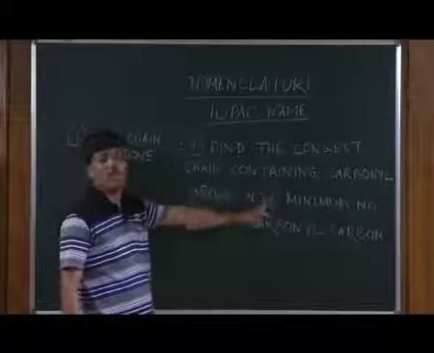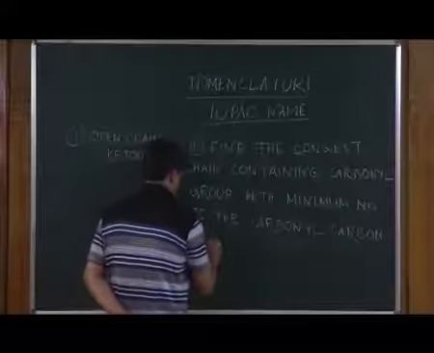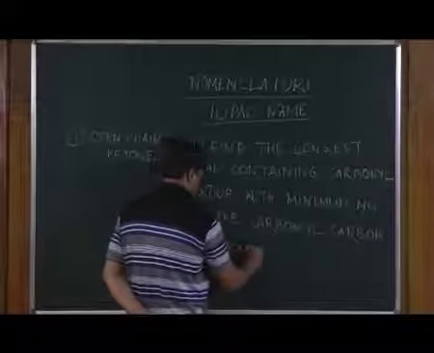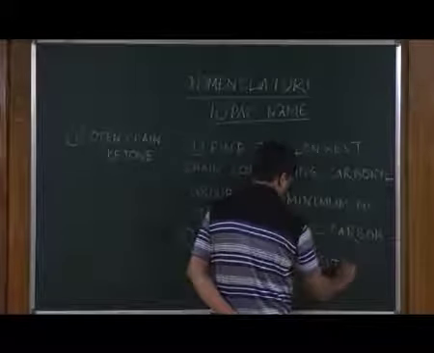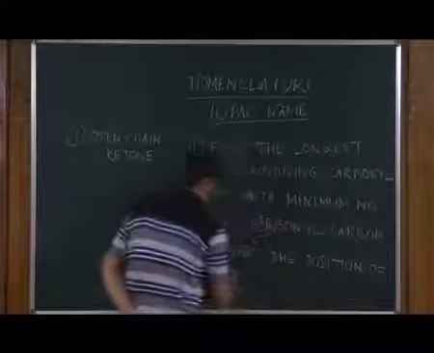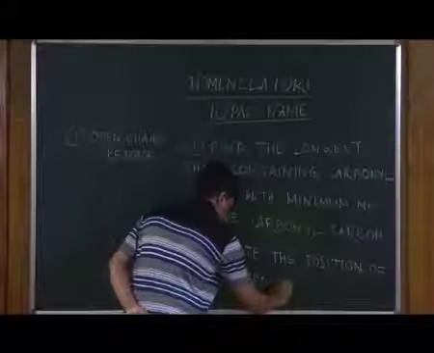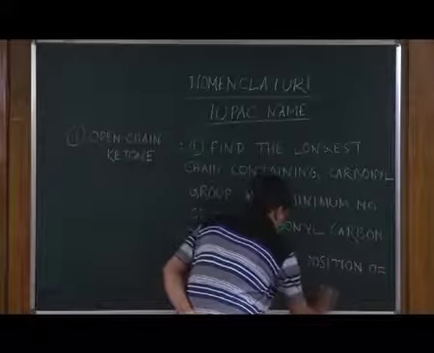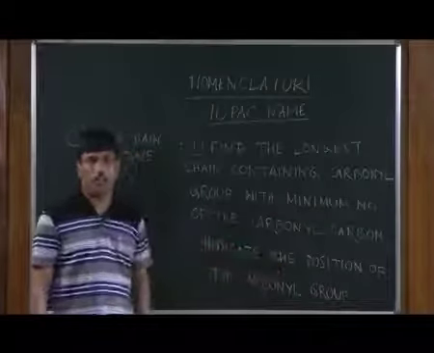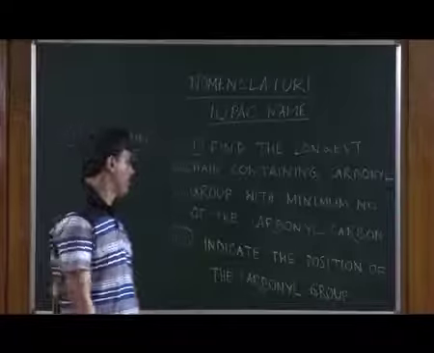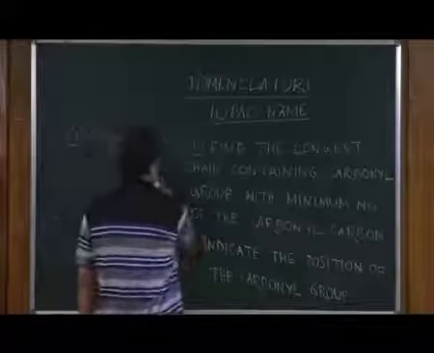So, you have to give the minimum number to the carbonyl group, and also indicate its position. This is different from aldehyde, because for aldehyde the position is not important, as it is always number 1, but for ketone you have to indicate the position by giving numbers. First, let us discuss some examples.